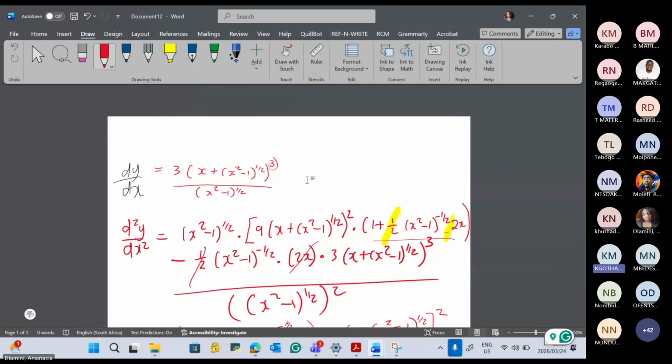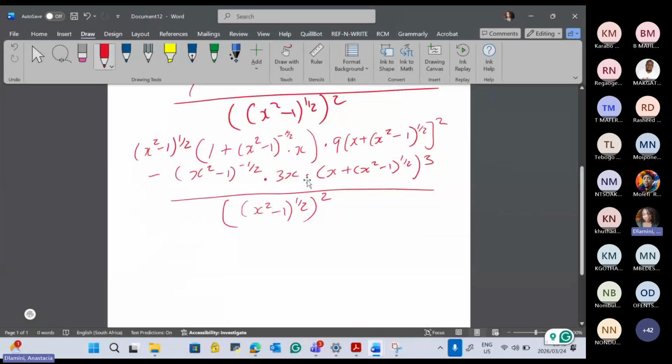So now I can just apply chain rule and product rule. You won't be wrong, it's actually correct as well. But at the end of the day, you have to then simplify it as well.